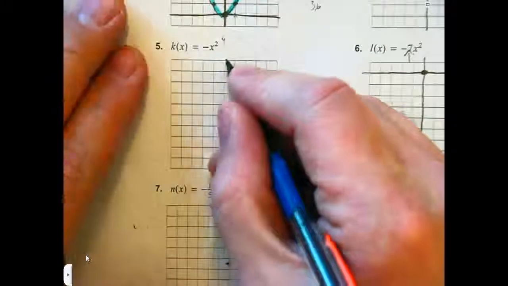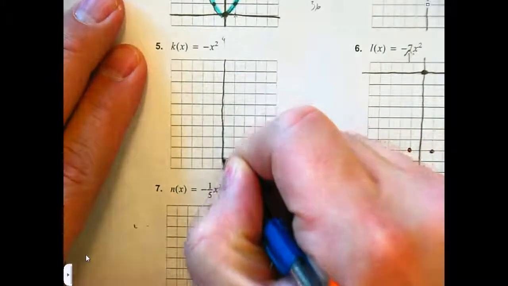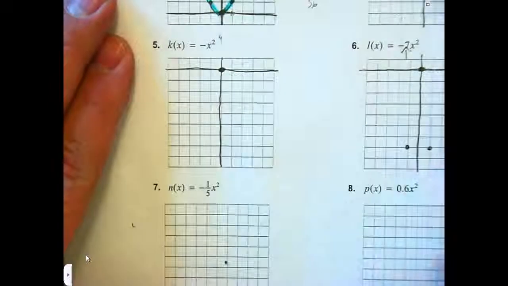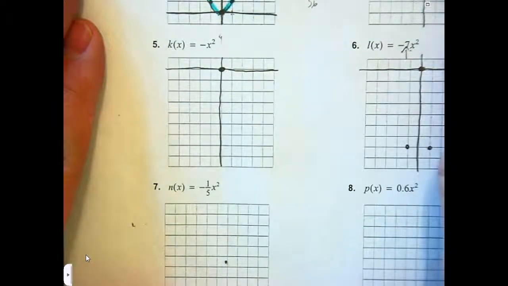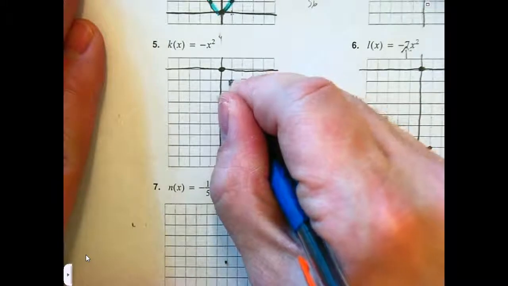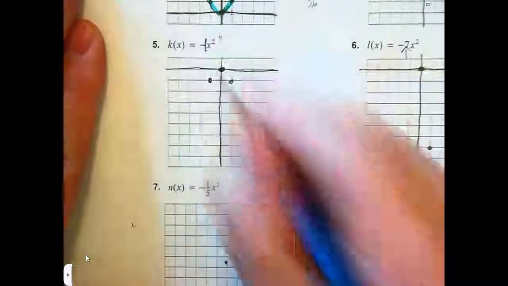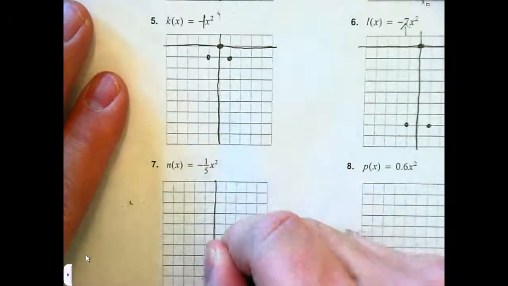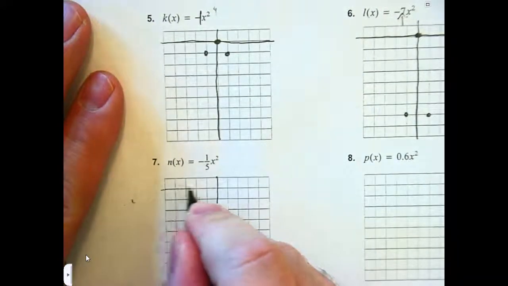So on this one right here, tell your neighbor where your first point would be after the vertex. Good, at negative 1, right? It's your A term. On this one right here, tell your neighbor where your vertex would be. Careful, I changed up the question.